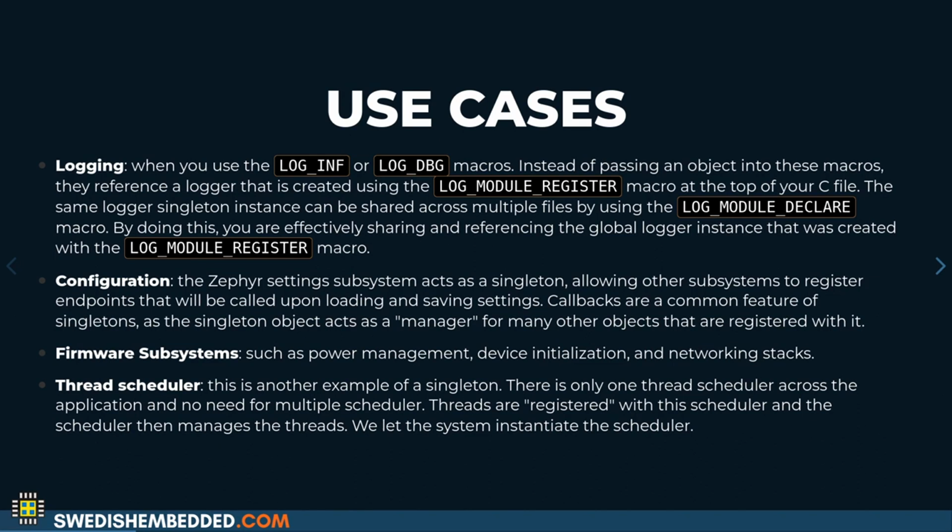And that is a typical example of a singleton, where you have a single hub for all of the networking protocols that are supported by the system. You allow those protocols to register callbacks with this single hub, and you allow the other modules or applications to interact with this single hub and make use of the systems that have registered with it, but without knowing the particular implementation of those systems.